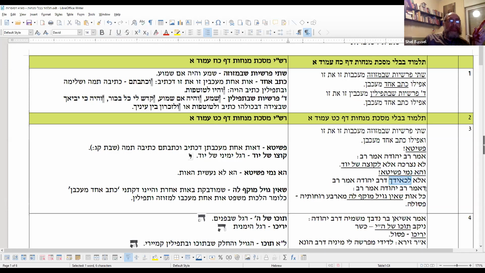But I need it for this. Amar Rav Yehuda Amar Rav, kol ot she'ein gvil mukafla me'arba ruchotea psula. Any letter that is not completely surrounded by gvil from its four sides, from its four directions around it, it's pasul.